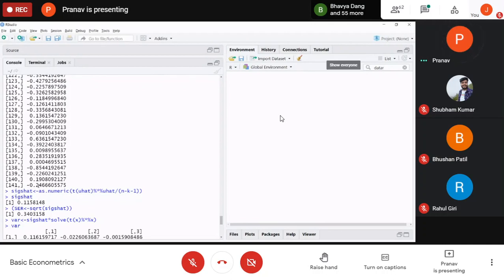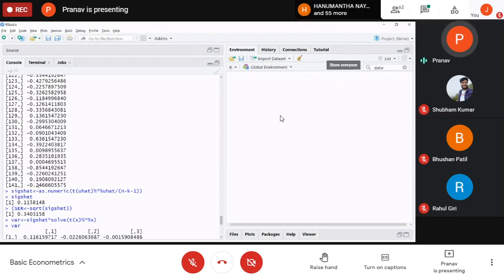So we had talked about it that an unbiased estimator of the unknown variance of the population error is nothing but your RSS upon the number of degrees of freedom, that is n minus k minus 1. Now, U hat I know.